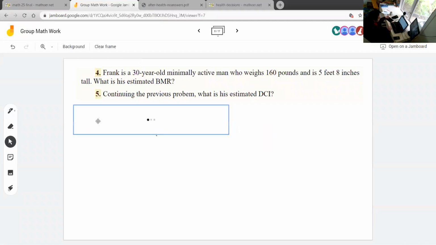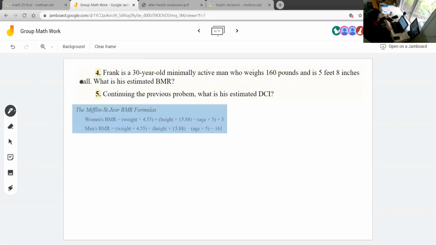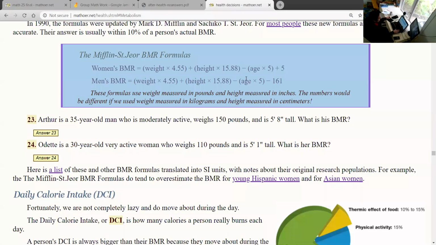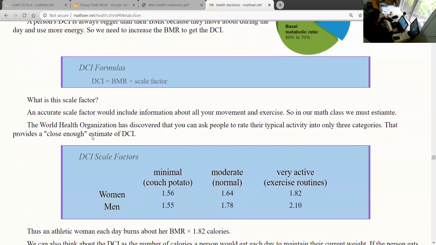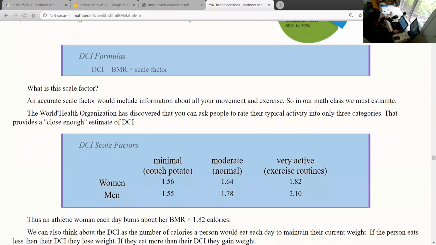Paste. And we also will need the table to get from BMR to DCI.